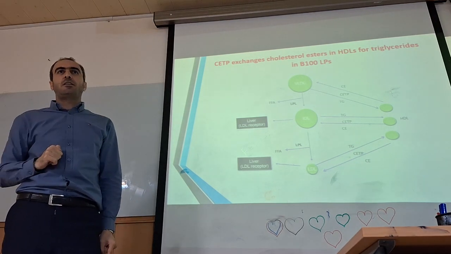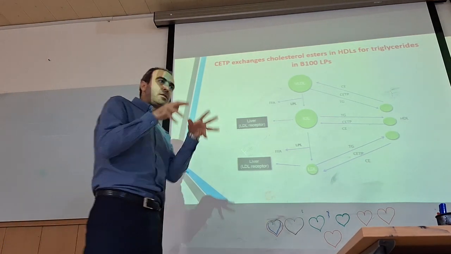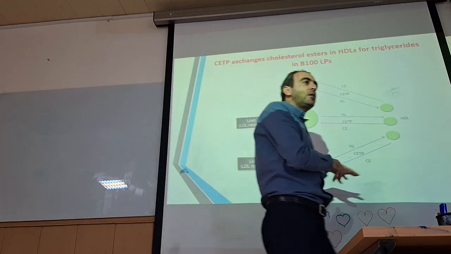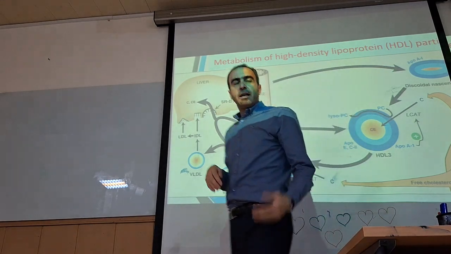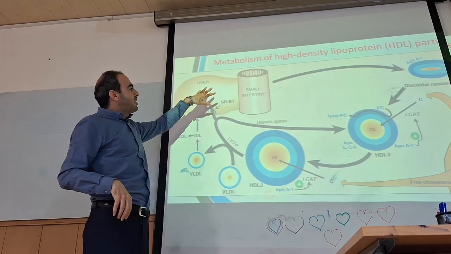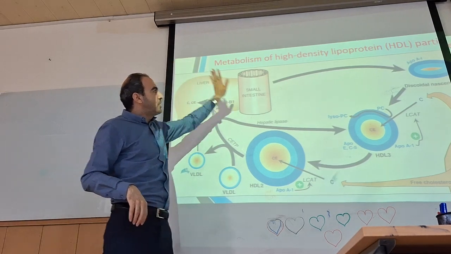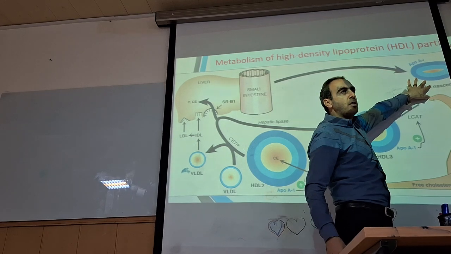So a lot of studies on cardiovascular disease these days are focused on CETP. Here again you can see, and also in the next slide, HDL can be synthesized from the liver and from the small intestine, known as discoidal or nascent HDL, which just contains ApoA1.